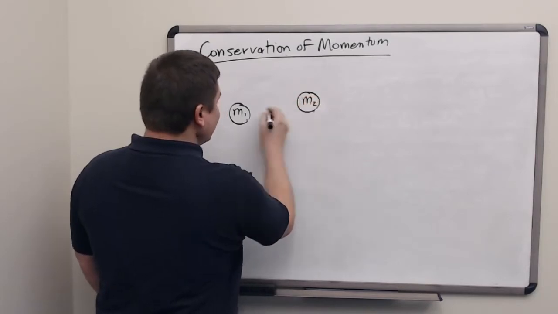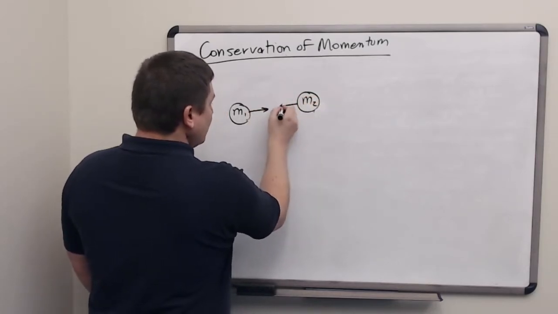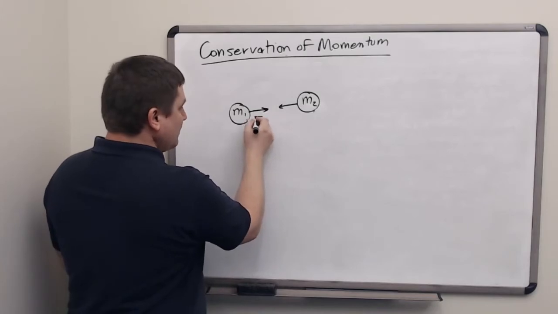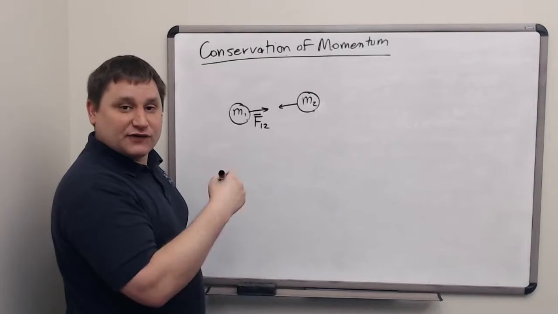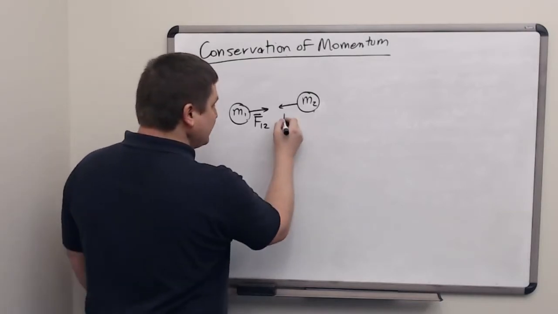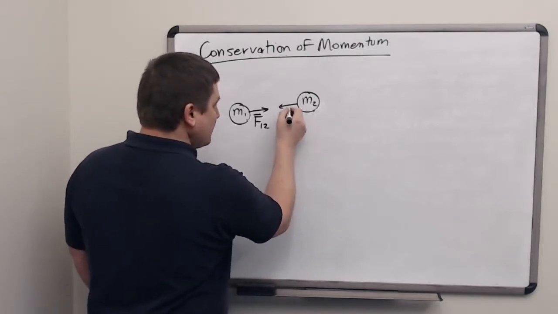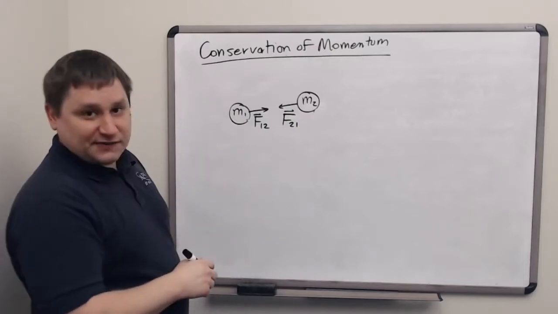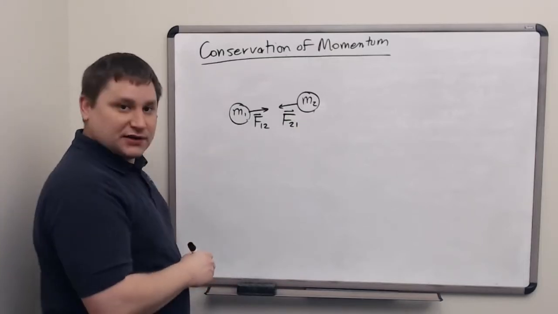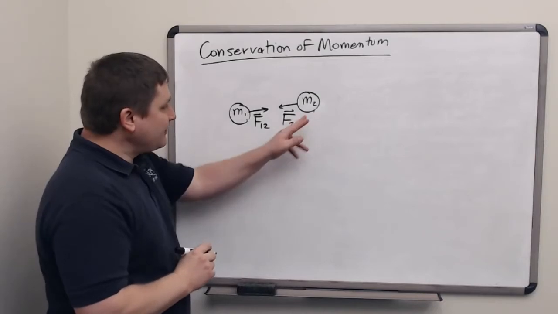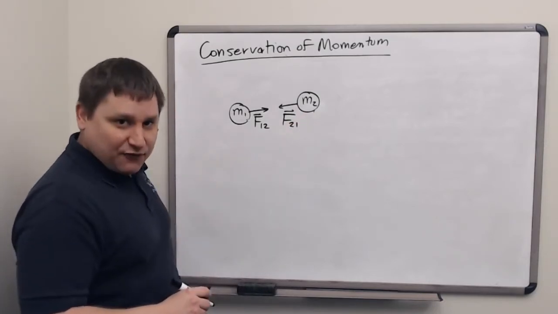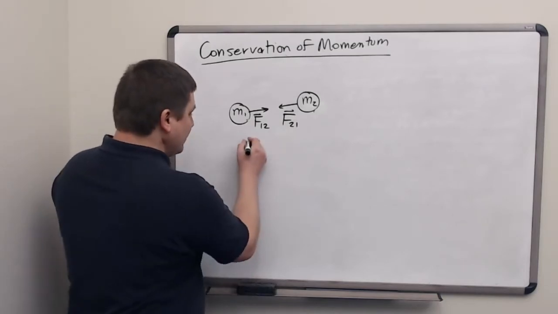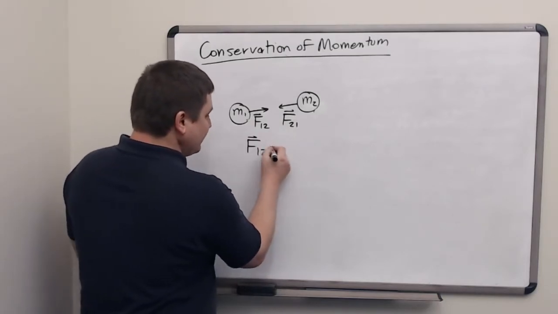If we have two objects, M1 and M2, which interact with each other in some way and produce a force on each other due to that interaction, if M1 experiences a force F12 due to the interaction, and M2 experiences a force F21 due to the interaction, then F12 and F21 must be opposite vectors of each other.